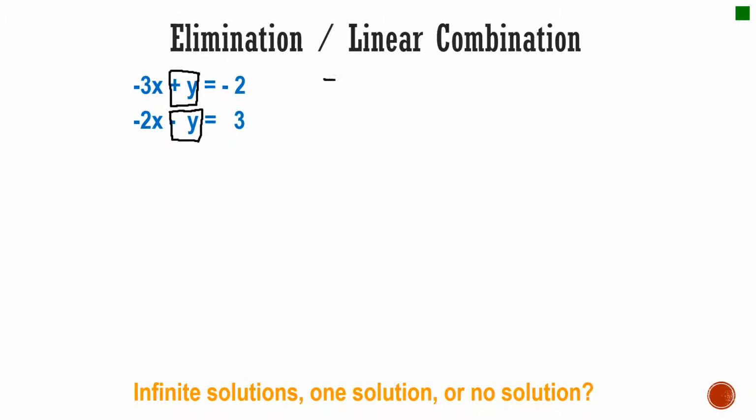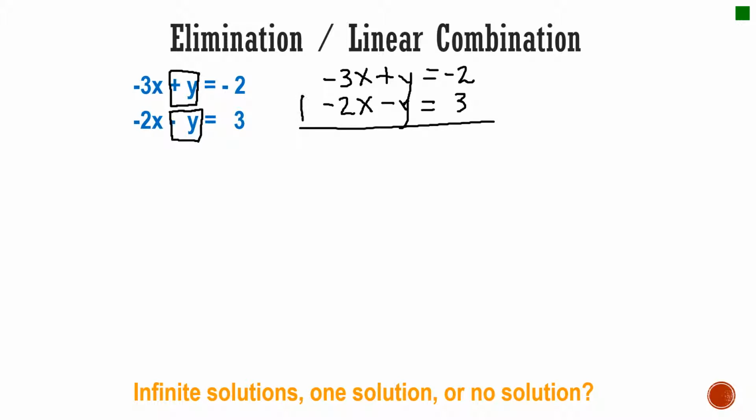So I'm going to rewrite these, and all I have to do is add, and I will combine my equations. That's why it's called linear combination as well. I'll combine my equations by adding, and I will see that those y's will eliminate. So we're going to simply just add here, combining the equations together.